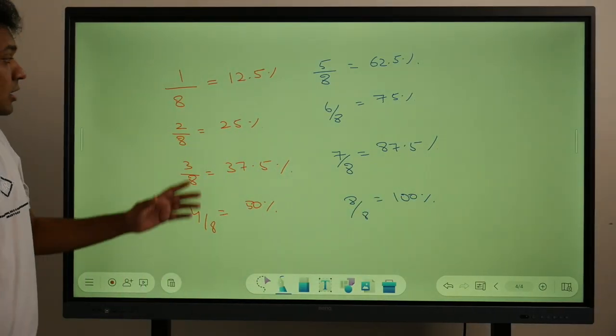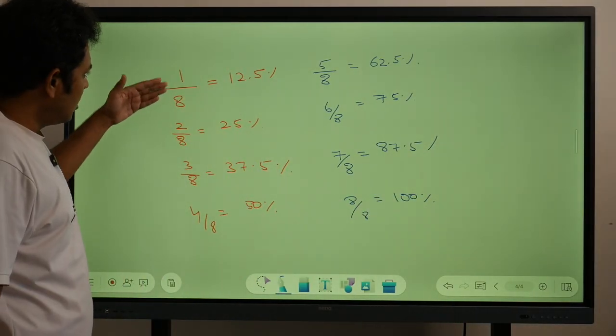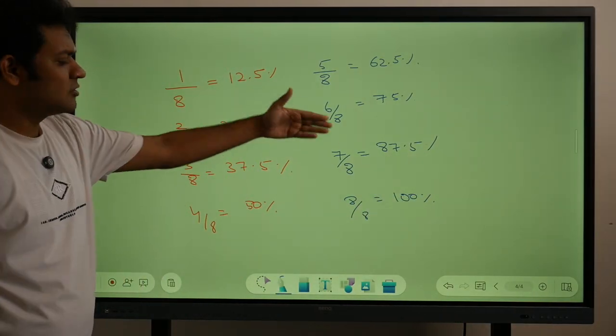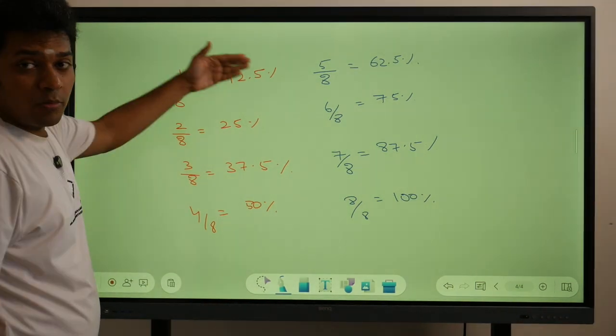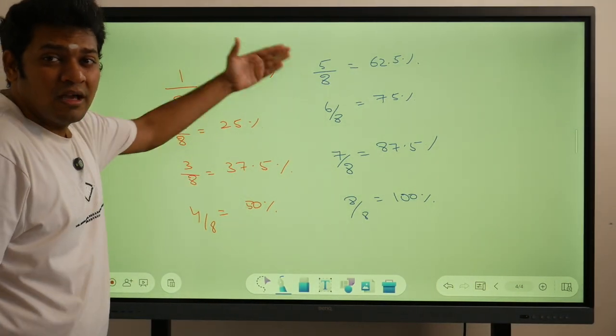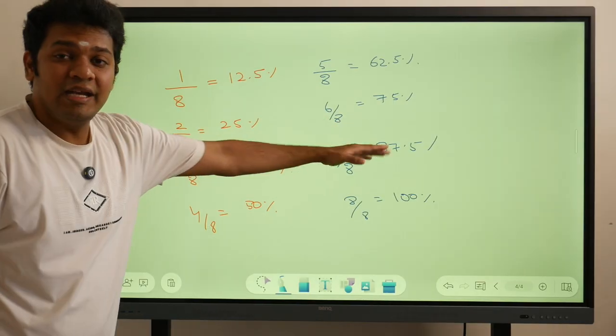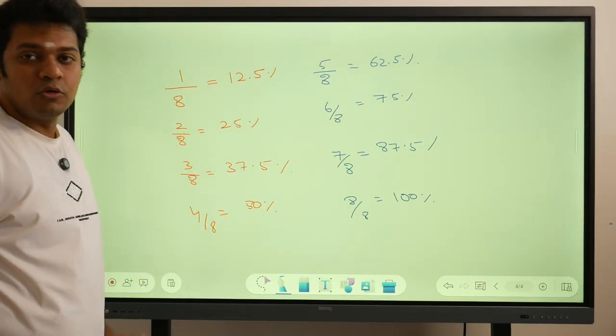Just remember this. You will know 1 by 8, you will know 2 by 8, 4 by 8, 6 by 8, 8 by 8, that's easy. But 1 by 8 is 12.5, 3 by 8 is 37.5, 5 by 8 is 62.5, 7 by 8 is 87.5. As you practice, you will remember these also.